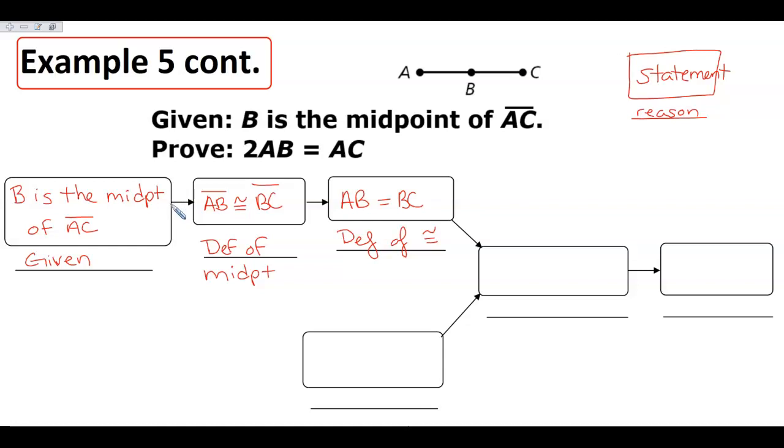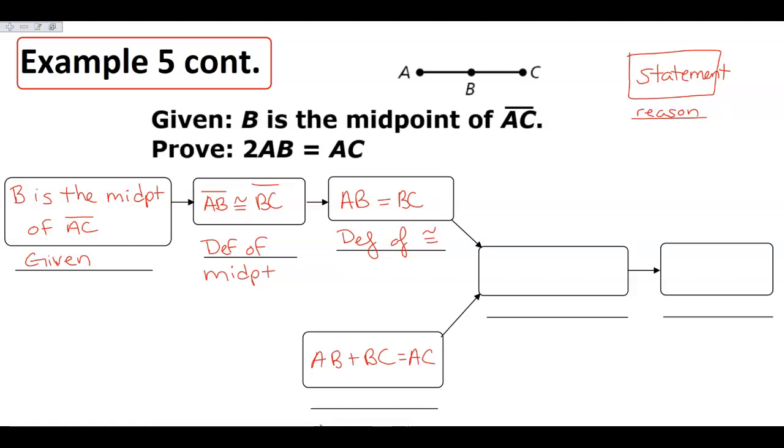I have an arrow from this box to this box because this step tells me that this is true. I have an arrow from this box to this box because this step tells me this is true. None of those 3 steps tell me that AB plus BC is equal to AC. This is always true because my segment addition postulate is always true.